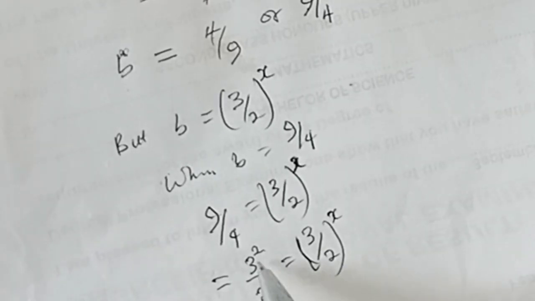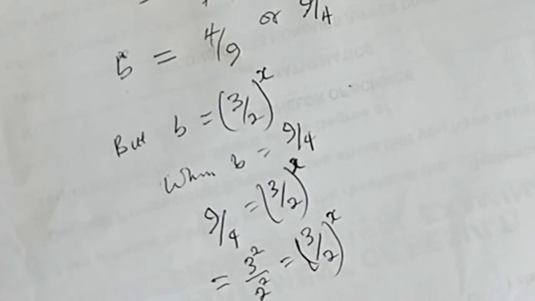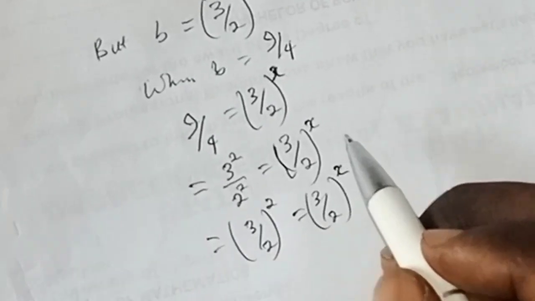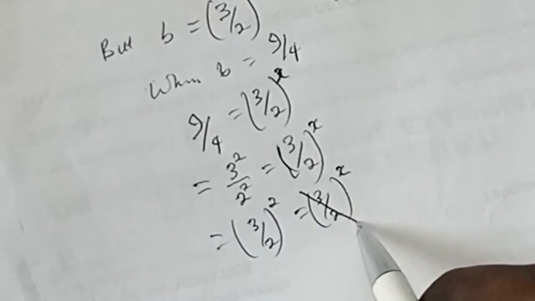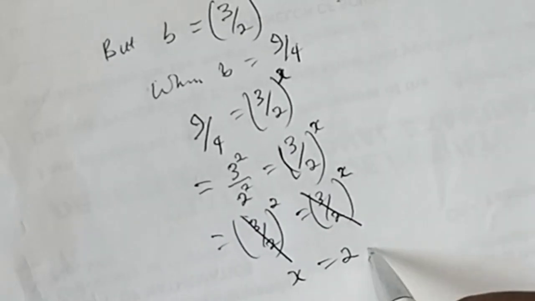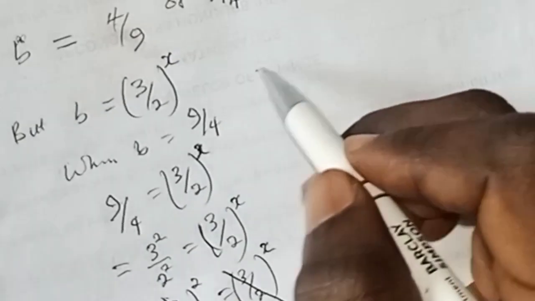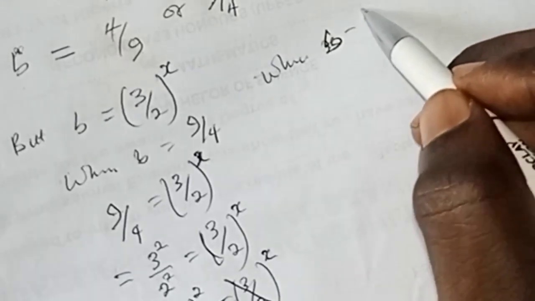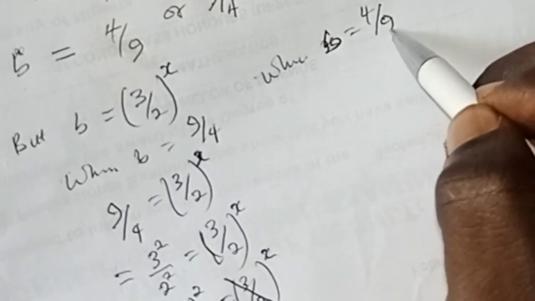Since the bases are the same here, we can cancel the base, and then we have that our x is equal to 2.